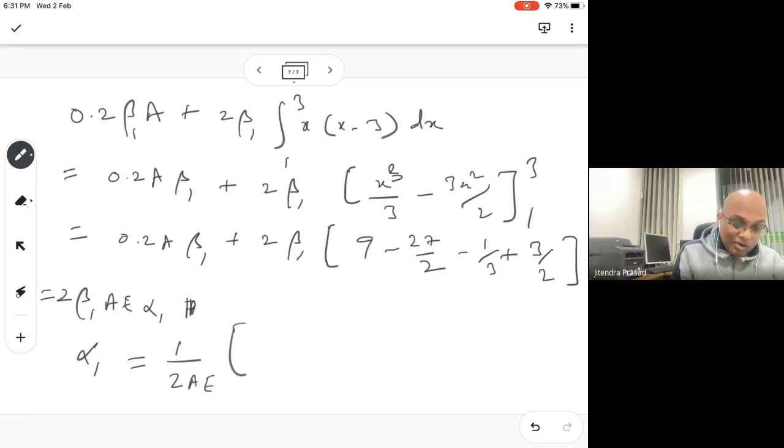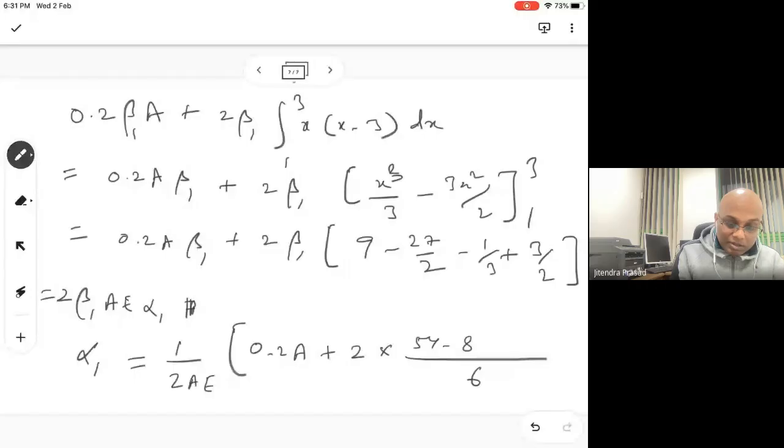And then you have something like this. So you can work out what it comes to be, but you can find out the alpha 1.